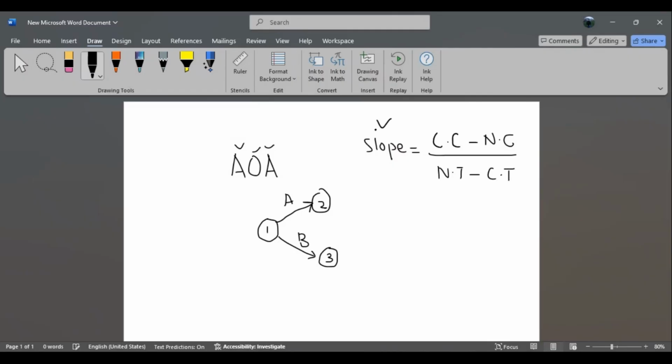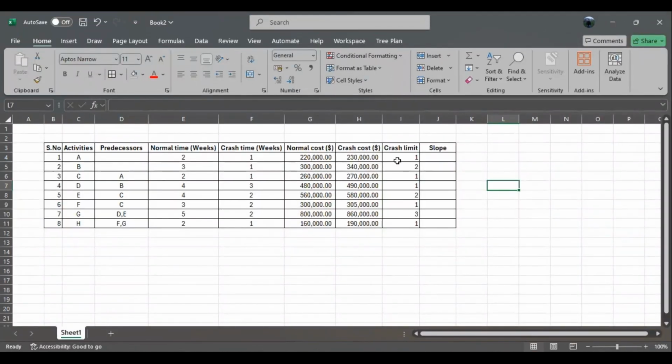We discussed that in detail. Why do we call it slope? If we crash a particular activity 1 period at a time, what additional cost should we bear alongside the normal cost?